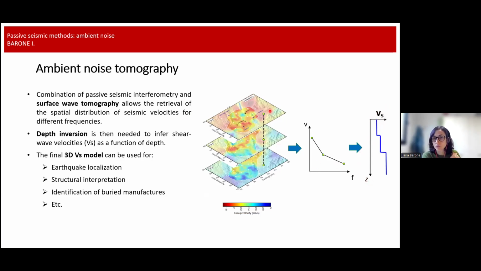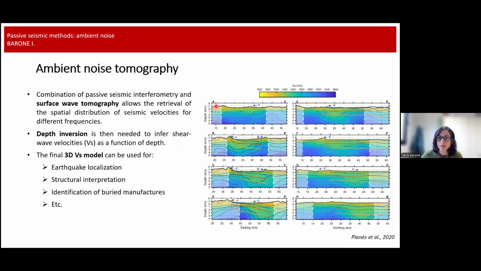We repeat the operation for all the points in this map. And at the end, what we get is a 3D shear wave velocity model, like the one displayed here. These are just vertical sections of this 3D model in order to show the different structures in the subsurface.